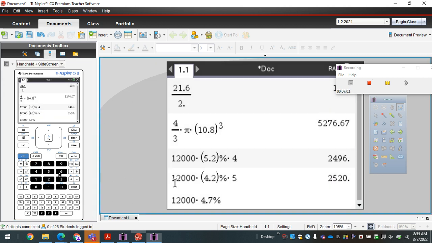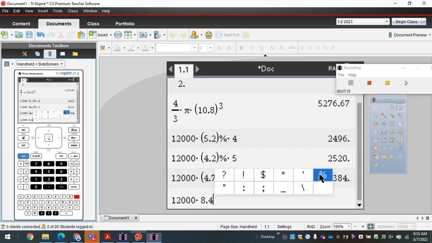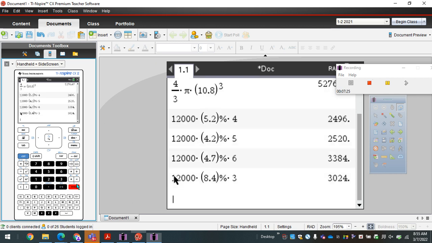All right, put the percent on the outside, times 6, enter. And then 12,000 times 8.4% times the term 3. Final answer. Okay, so the one I see, which is kind of not cool, is this one.